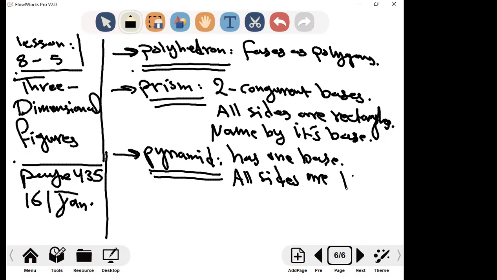All sides are triangles. How do we name it? Also by its base. If the base is a square, we say square pyramid. If the base is a triangle, we say triangular pyramid. Done? Rectangle, we say rectangular pyramid, and so on. So all sides are triangles, and we also name it by its base.